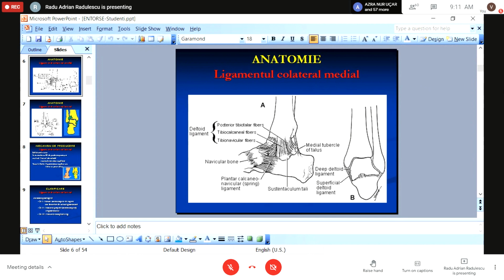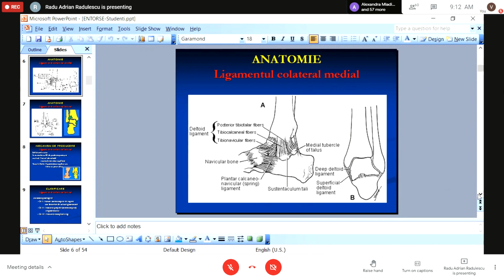That's why it's called a deltoid ligament. We'll see this ligament is very powerful; sometimes, especially in old people who may have a degree of osteoporosis, the ligament may be stronger even than the bone.